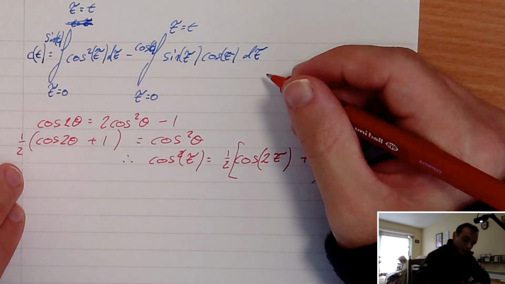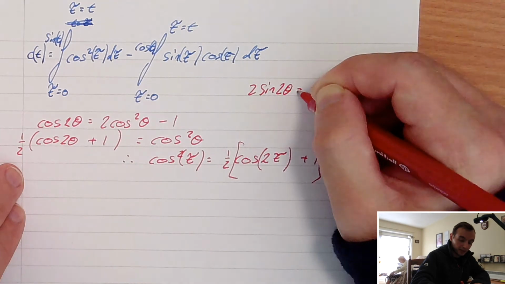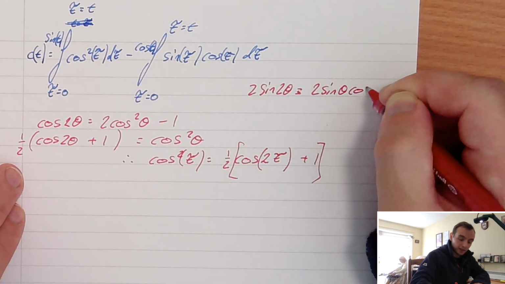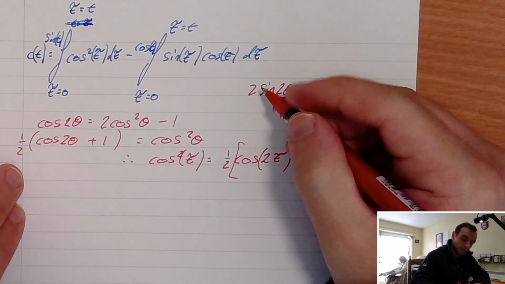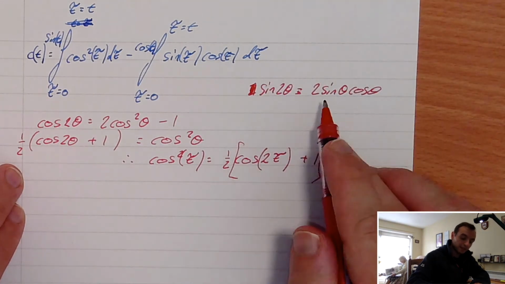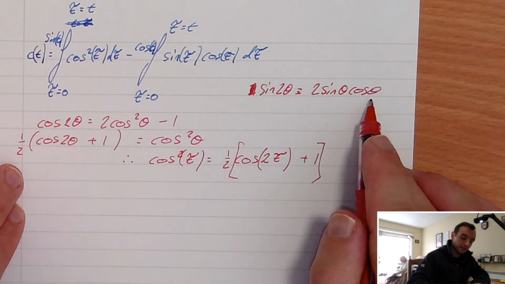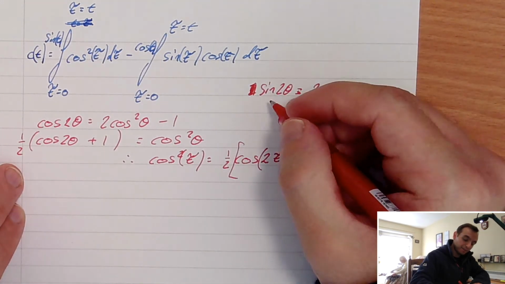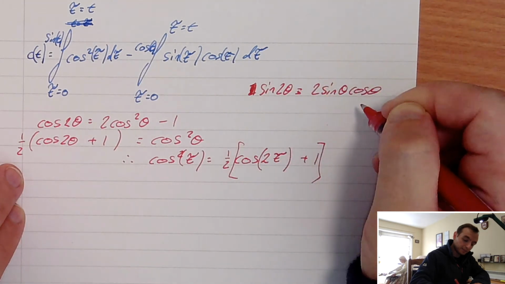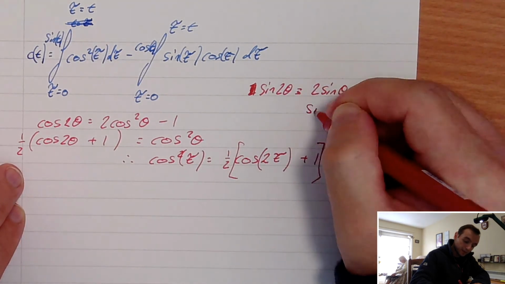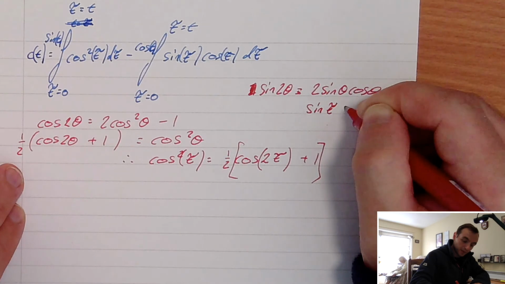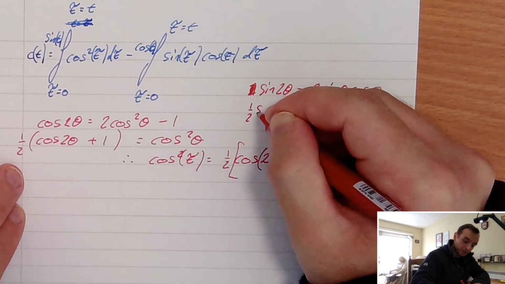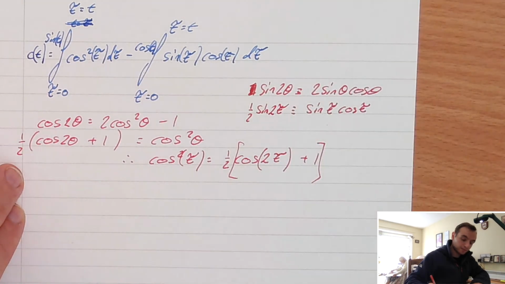And over here, we've got the famous sine 2 theta identity, which equals 2 sine theta cosine theta. So therefore we can say that sine tau cosine tau is identical to half sine 2 tau.